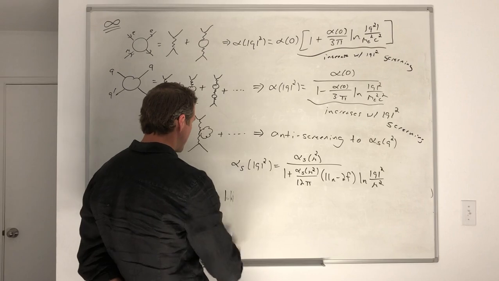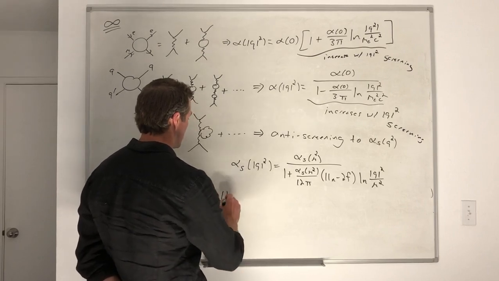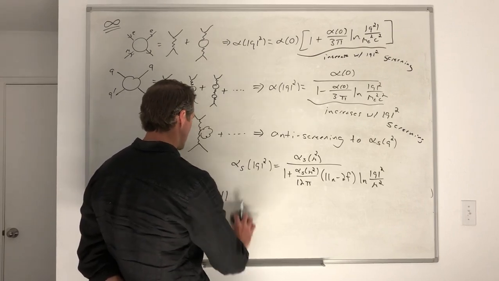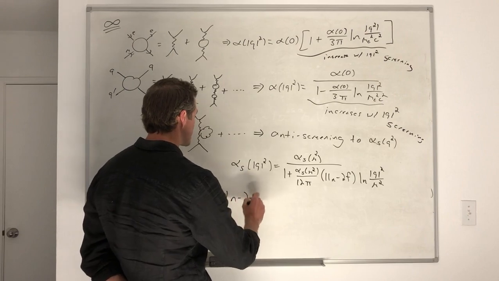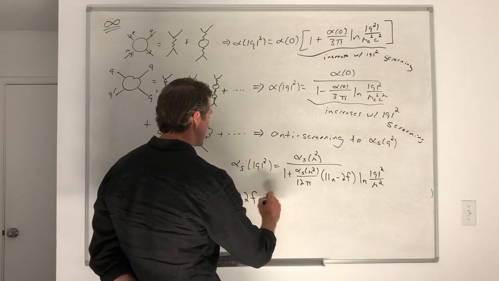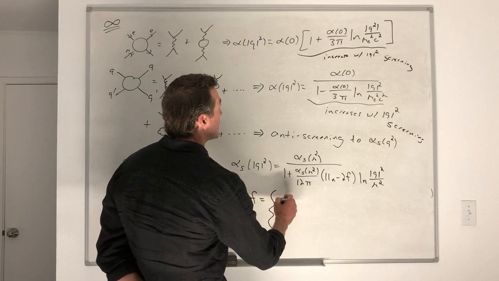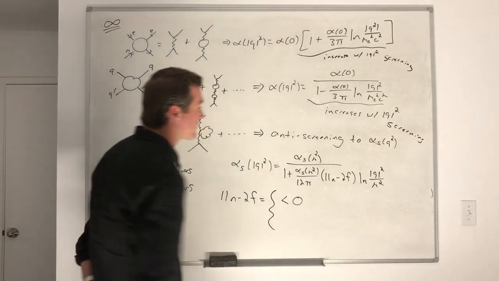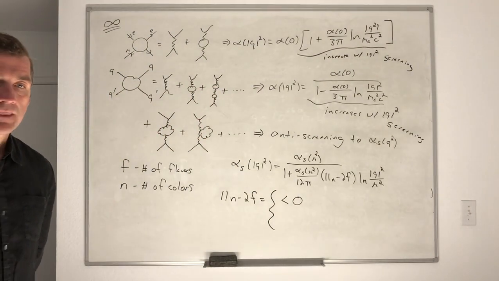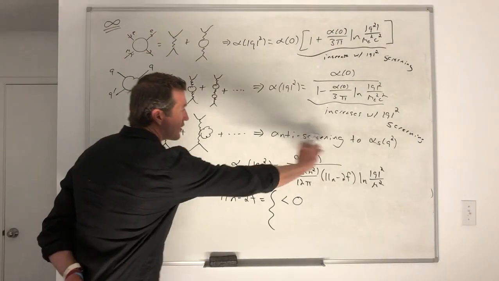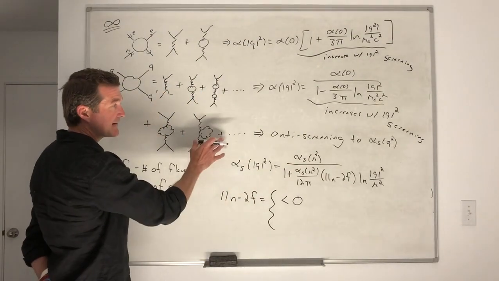When 11n minus 2f is less than 0, does this correspond to overall screening? And this includes both the screening and the anti-screening parts.